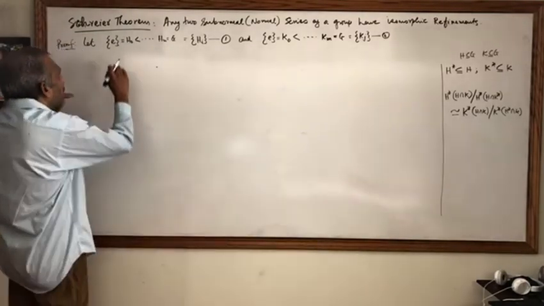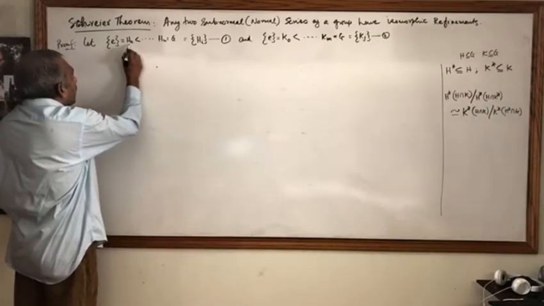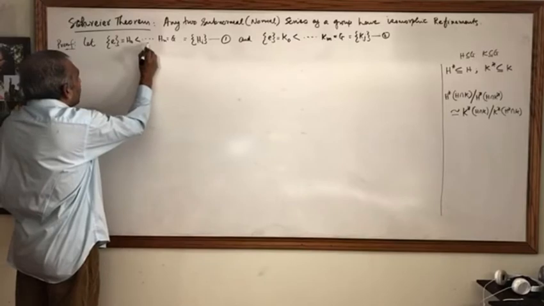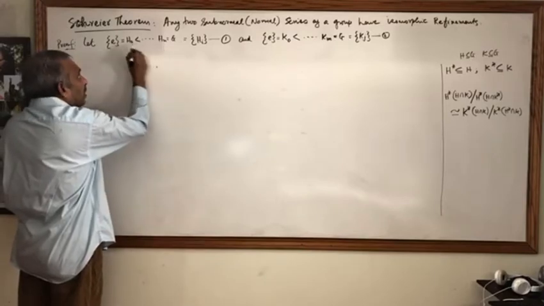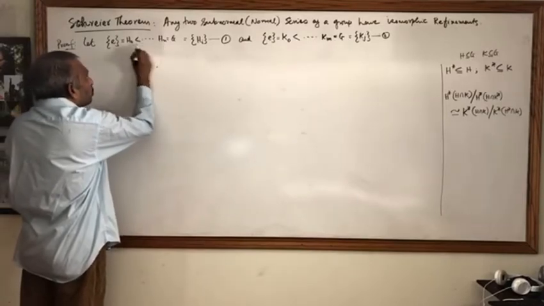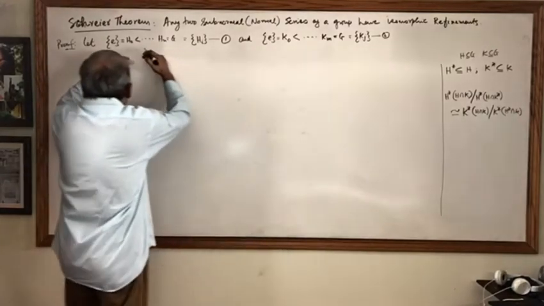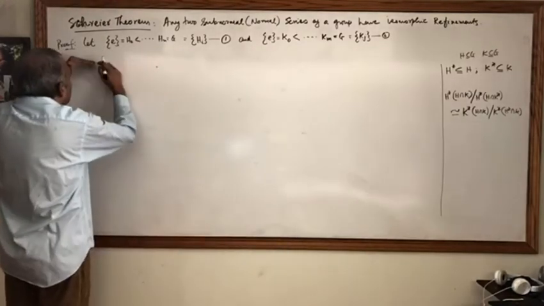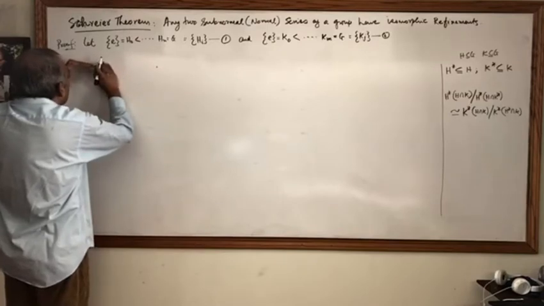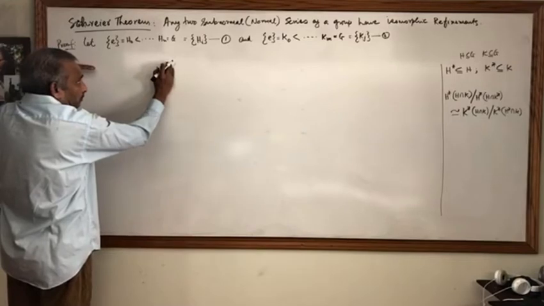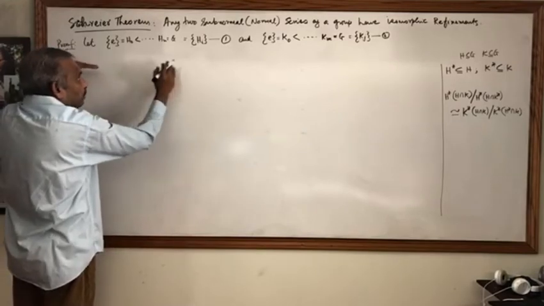Here H0 is different from H1 is different from ... Hn, they are all proper subgroups. Here also they are proper subgroups. But when you create the collection, that collection may not have distinct subgroups.